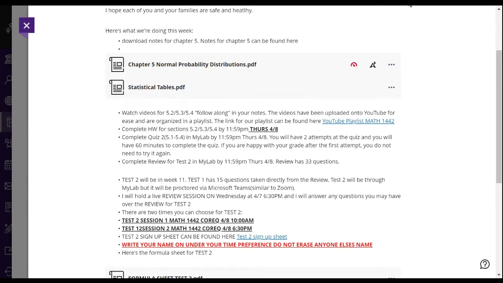The other thing I have here is this file called statistical tables. So I'm going to do the same thing. I'm going to click on this, and I'm going to click on download original file, right? I already have that file, so I'm going to open it up right now. Give me one quick second so that I can pull it up. Here we go. Okay. And let me come back to our notes. Here we go, our notes.